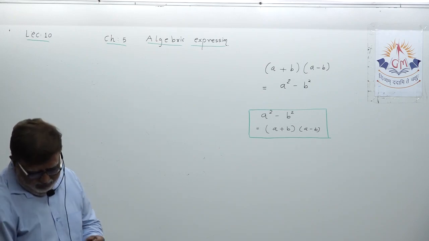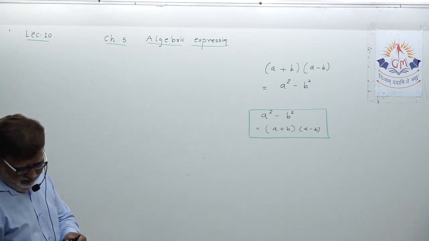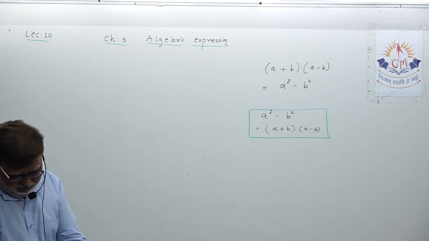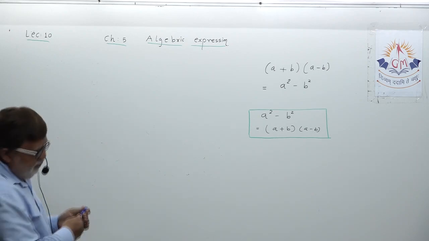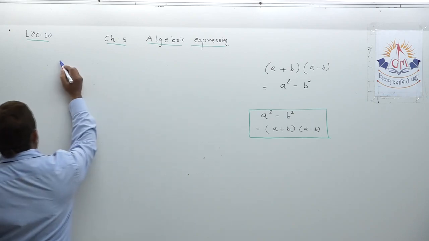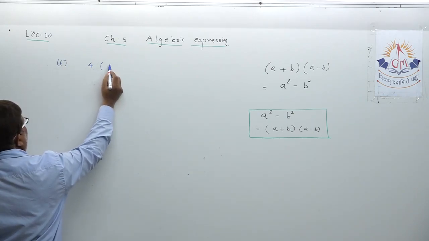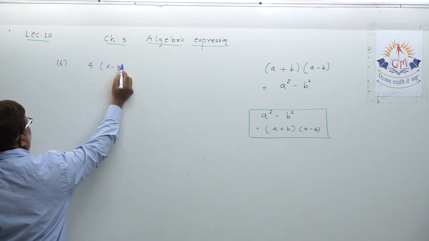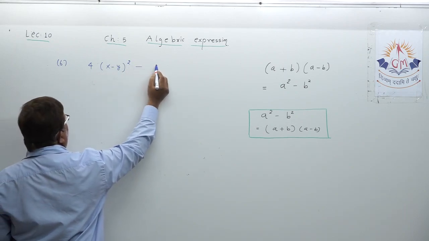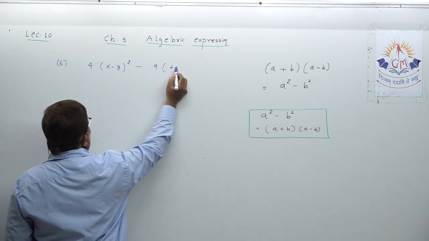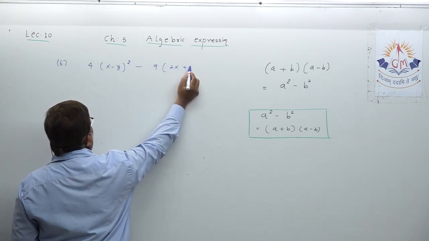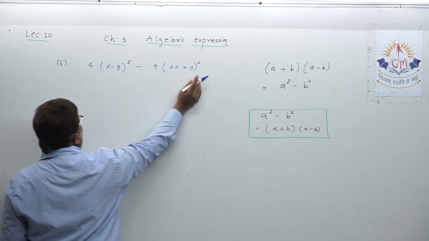Understand, when you are explaining the chapter, let us write example number 6. Suppose, dear student, like this: 4 times (x minus y) whole square minus 9 times (2x plus y) whole square.